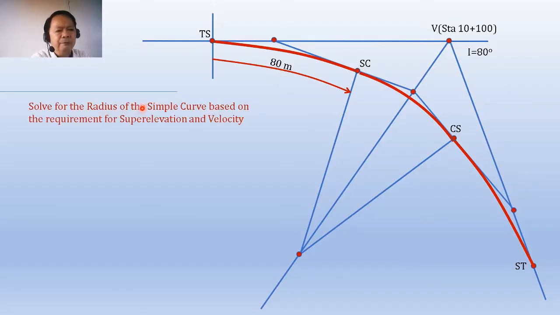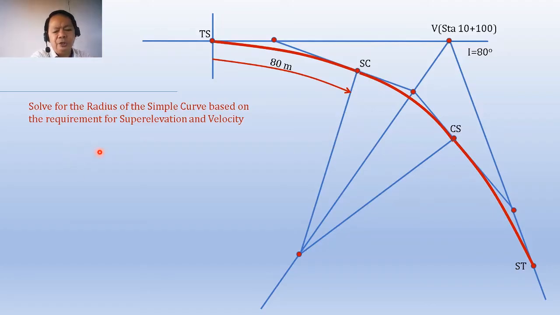Mag-start tayo with the radius of the curvature. But because we are given the super elevation and the velocity, masosolve natin ngayon yung ating radius. Itong radius na ito, yung pinakamaliit na radius ng ating spiral, which actually is the radius of the simple curvature. And how do we solve for this?